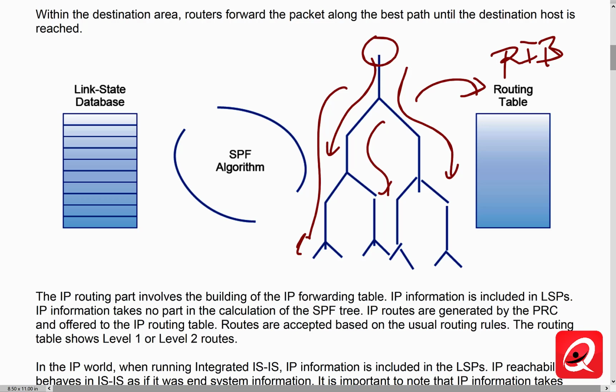The CLNS architecture is the underlying architecture that allows the construction of the domain as well as the exchange of the IP reachability information. And yes, we will have to be able to exchange the updates.